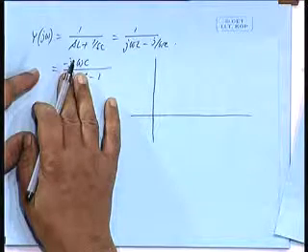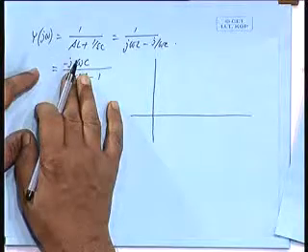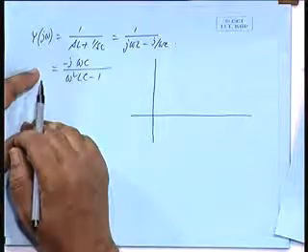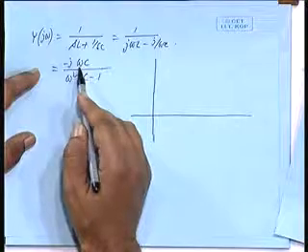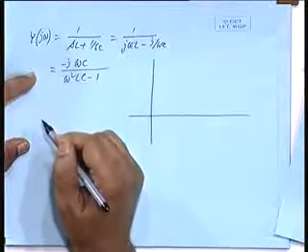Because omega is there, so omega will get cancelled, and omega is tending to 0. So one omega will be in the denominator, one omega will be in the numerator.